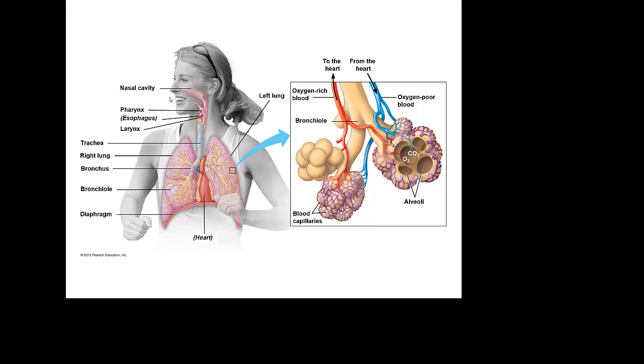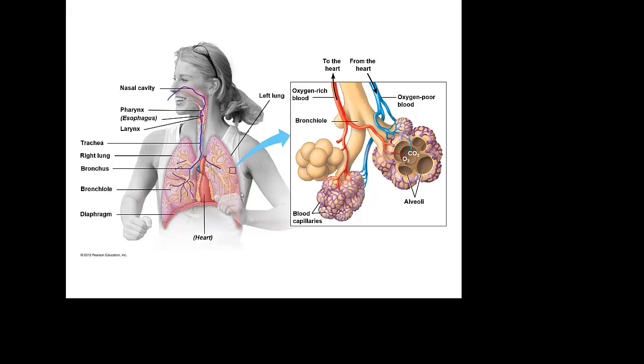In through your nose, down through your pharynx, and into your larynx, your voice box, and then down into your trachea, and then into the bronchioles. You have two lungs, so it breaks off, goes both directions. And then we get into the bronchioles from the bronchi.